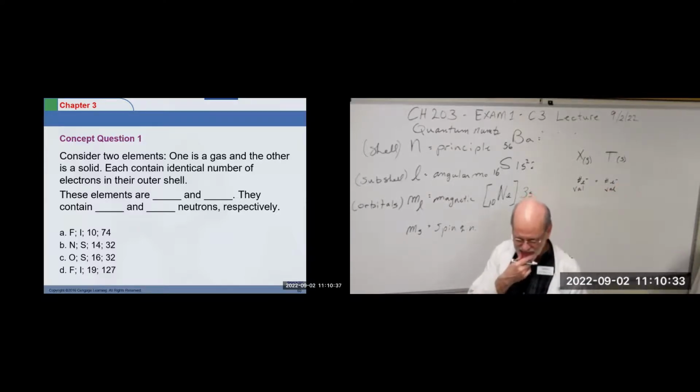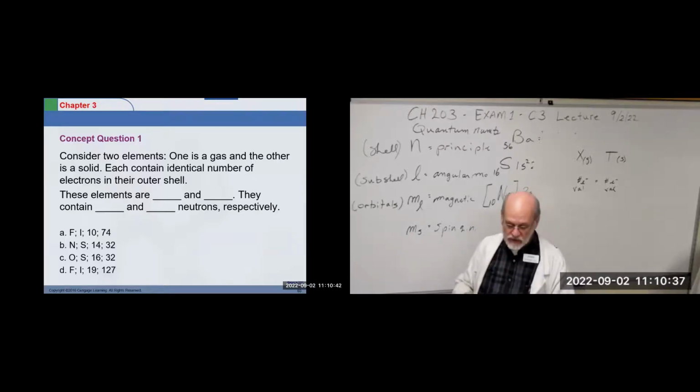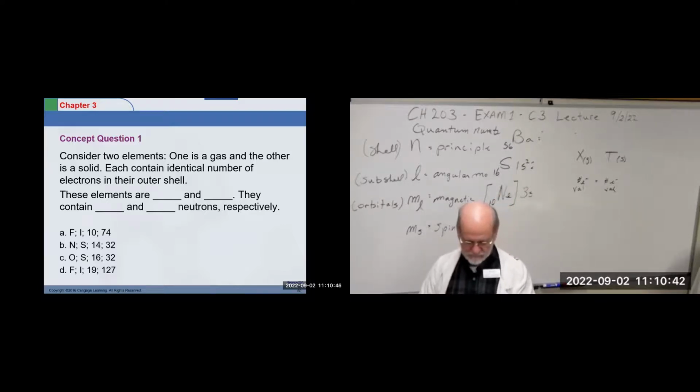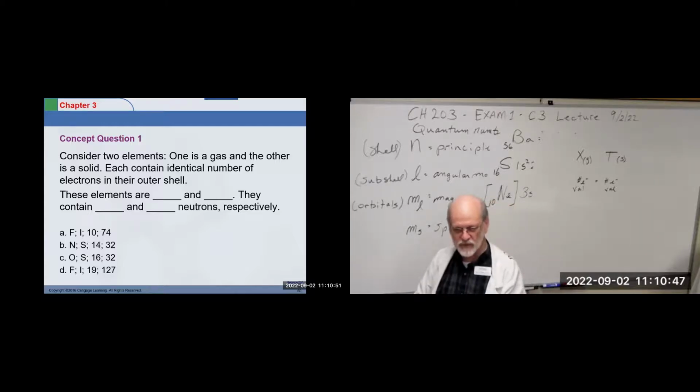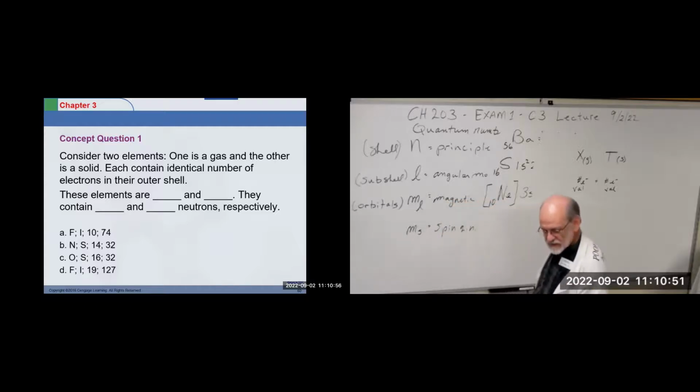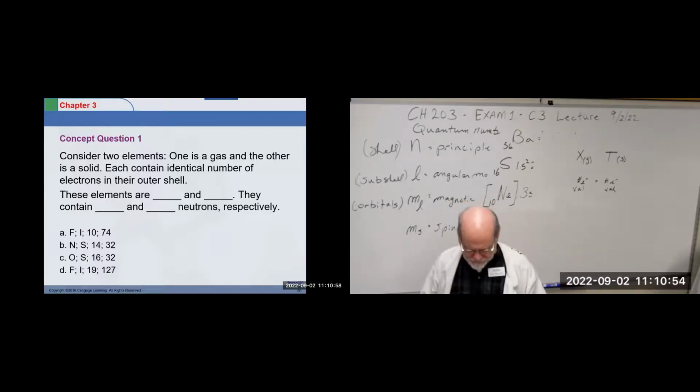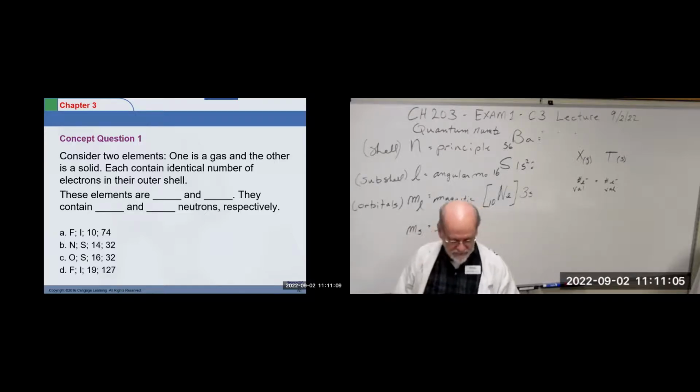All right, so we got to choose. We're looking at the choices here, A through D. We're given a multiple choice test, so let's use process of elimination. These elements are fill in the blank 1 and 2, and then they contain so many neutrons, respectively.